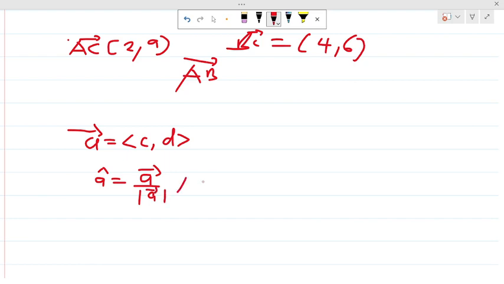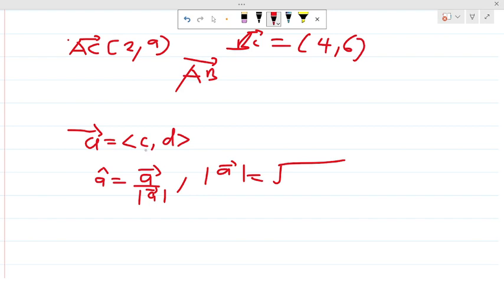Now this takes us to finding the magnitude of a vector. Suppose we have a vector A which is equal to (C, D). The magnitude of that vector is simply the square root of the sum of the squares of the components.